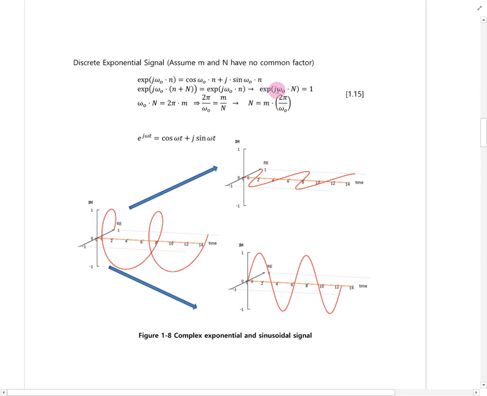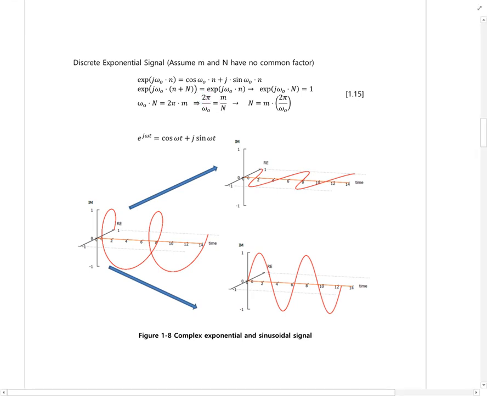To be the period, it should satisfy this condition: exponential j omega 0 times capital N should equal 1. It means that the corresponding angle is 2 pi times an integer multiple. So omega 0 times N should be 2 pi times an integer m to satisfy this condition, which is the periodicity condition. In these equations, if dividing by N on the right-hand side, this is a typo that I would like to correct.